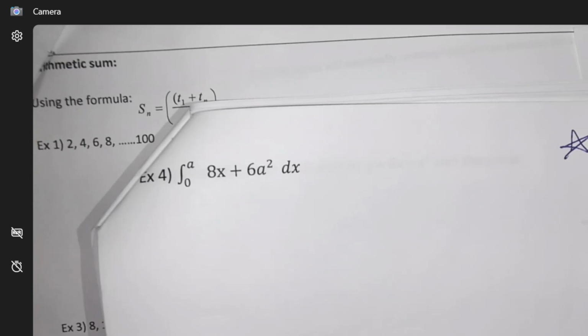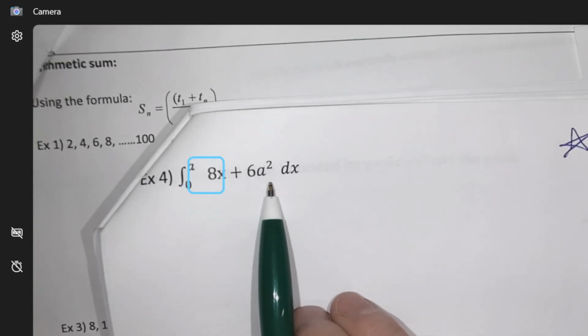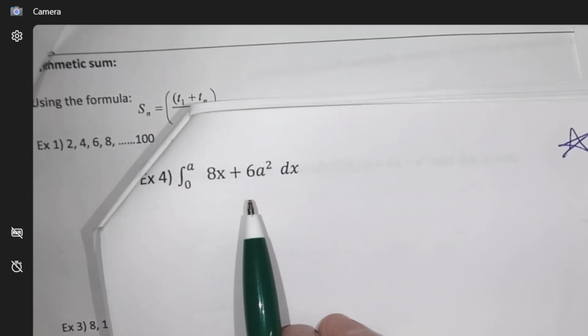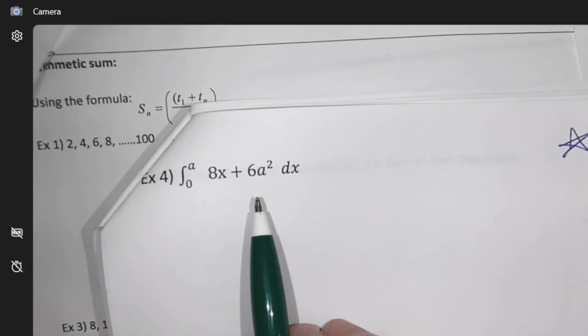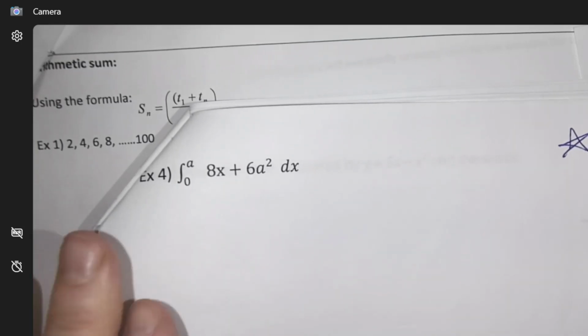You are integrating this with respect to x. So a is not a variable. a is a number. x is the variable, but a is just a number. Got it? See the difference in your brain? Don't do the antiderivative stuff with respect to a. Don't do that.